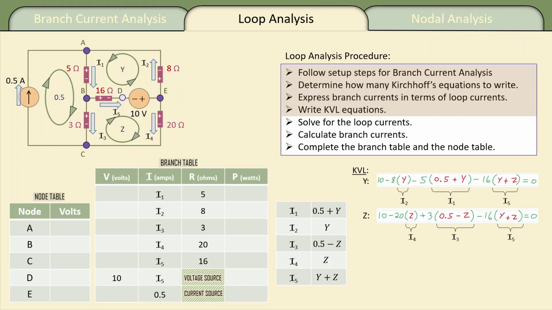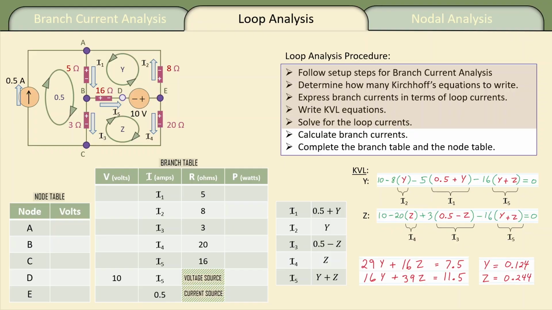So now we write our KVL or loop rule equations, and these are very similar to the KVL equations we wrote earlier. We only have to write them for loops Y and Z. And the difference is, instead of showing the branch currents, we show the linear combinations of the loop currents. And now we solve for the loop currents. Now this is just a 2x2 system with only Y and Z unknown.